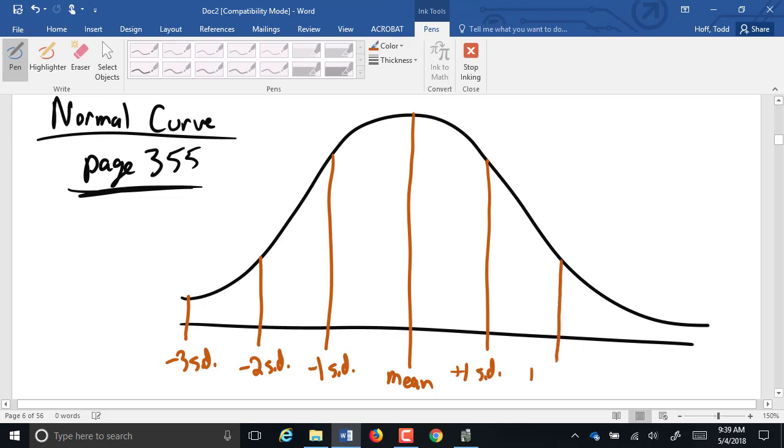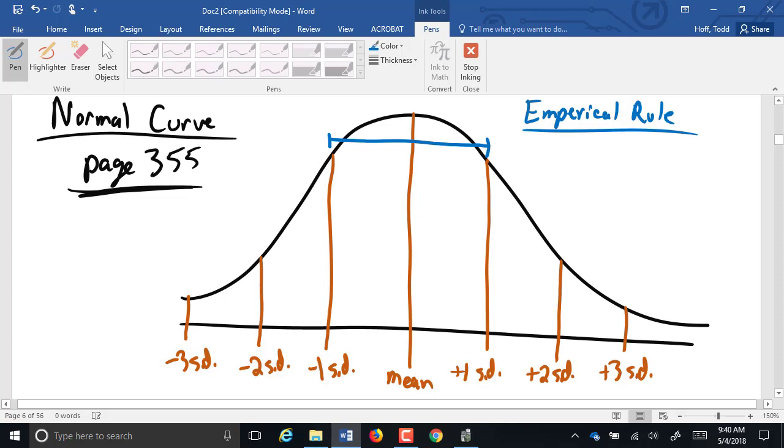Next step would be +2 standard deviations, and then +3 standard deviations. Something called the empirical rule, which just goes off these normal probabilities, states that between 1 standard deviation below and 1 standard deviation above, about 68.3% of the data will fall in that range.